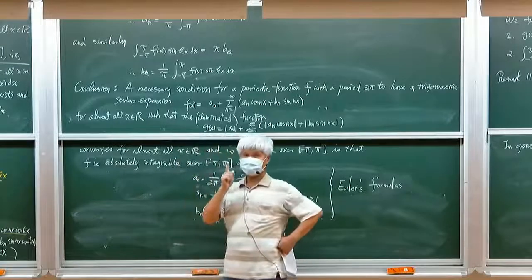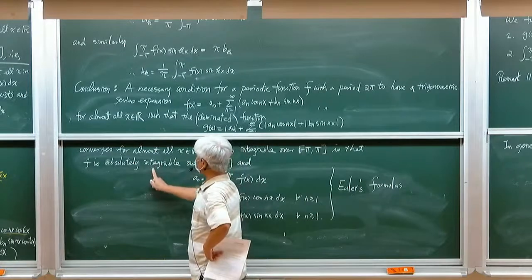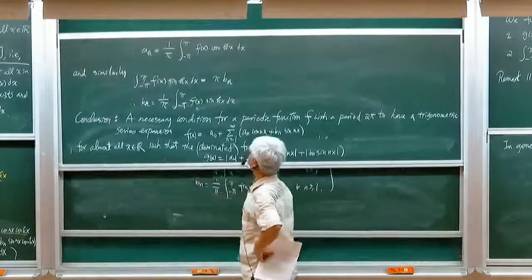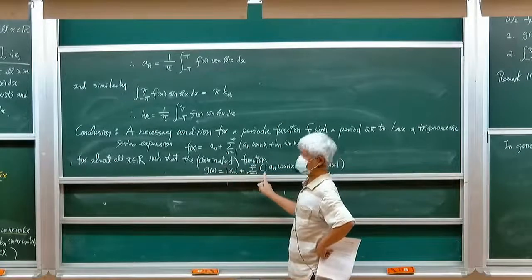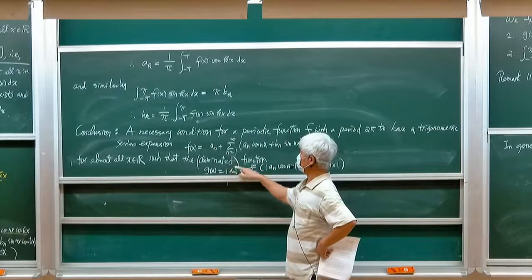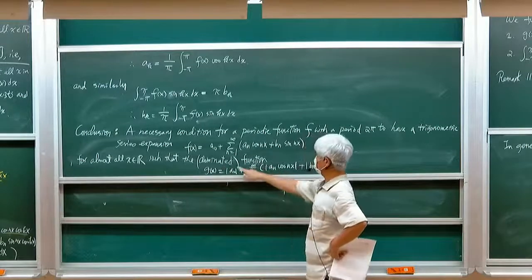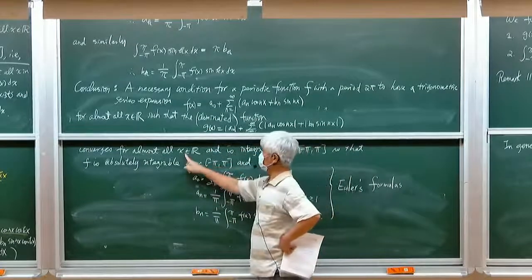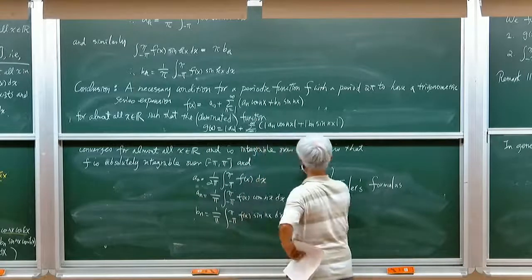But you have to notice that this necessary condition is obtained with two additional properties here. We have a dominated function. So we have implicitly to say that this dominated function converges for almost all x in R, and is integrable over this interval.